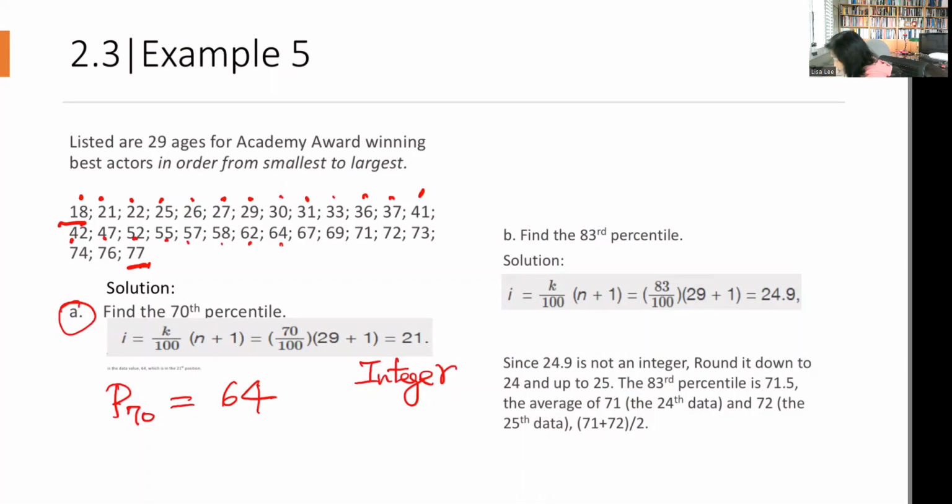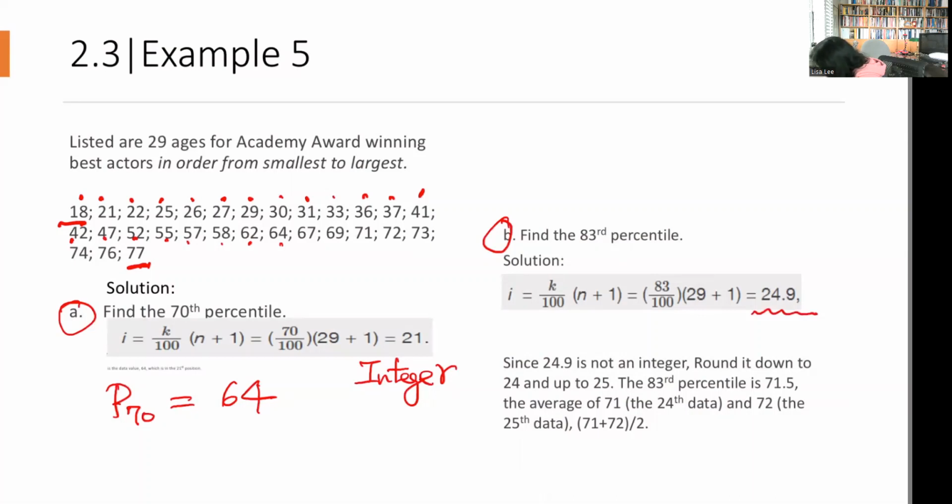We're done. Item B is the 83rd percentile. After you plug into the formula, 83 over 100 multiplied by 29 plus 1 gives 24.9. This time we can see some decimal behind 24.